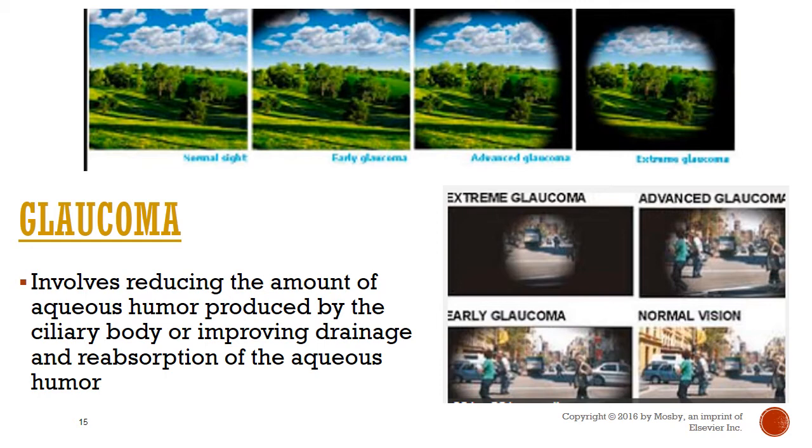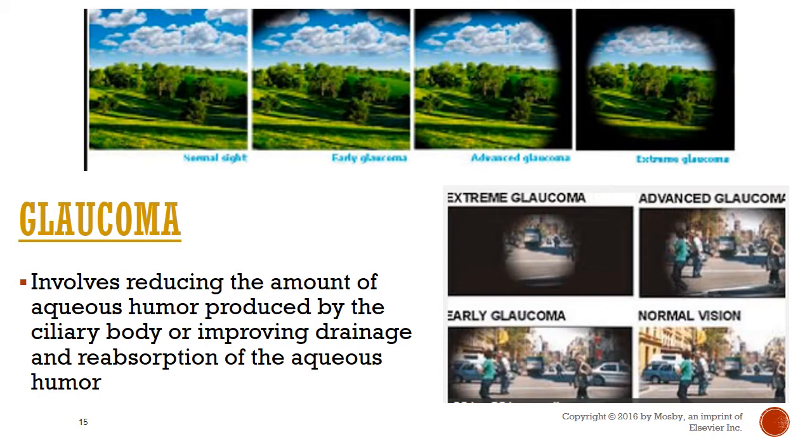So the fluid continuously kind of runs through it and circulates through it. When it's not draining out, the fluid gets fuller and fuller and fuller until the optic nerve of the eye has pressure being put on it. The optic nerve wraps itself around the outer area of the eye. And as that happens, you start to lose your peripheral vision.